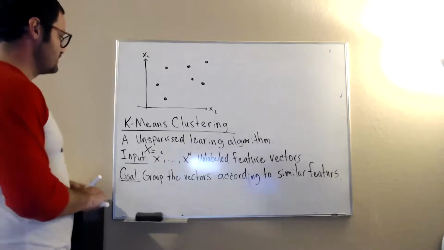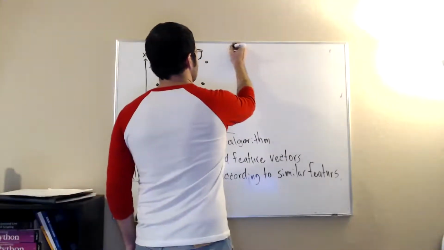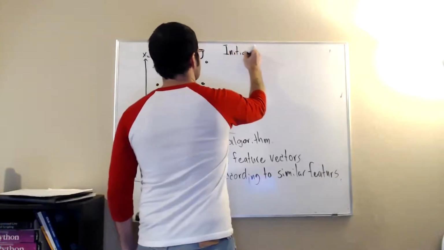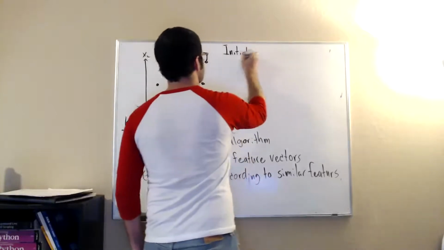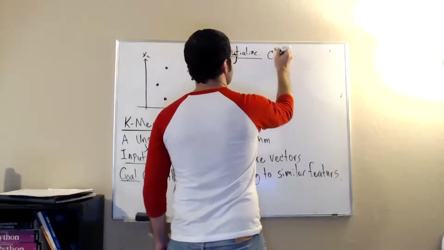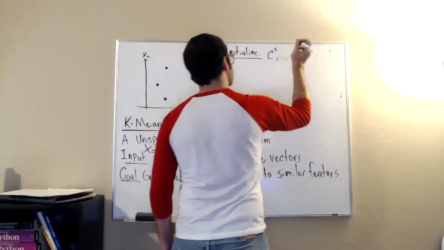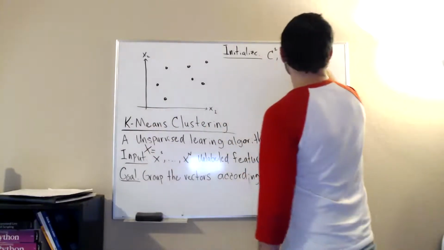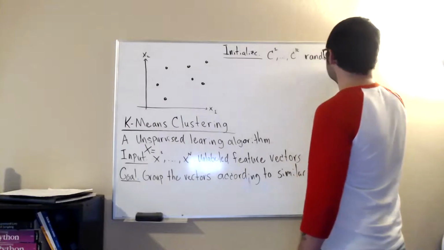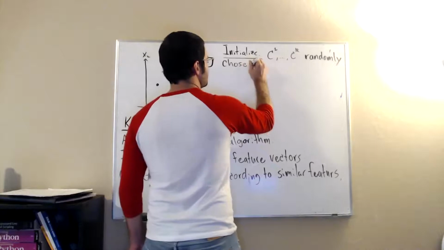So the way that we're going to do this is by, we're going to initialize, say, C1 through CK, randomly chosen centroids.